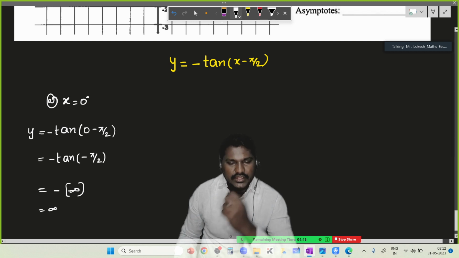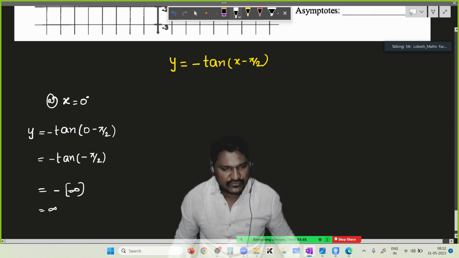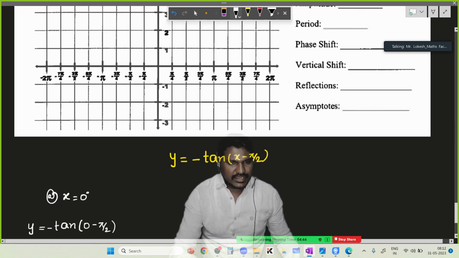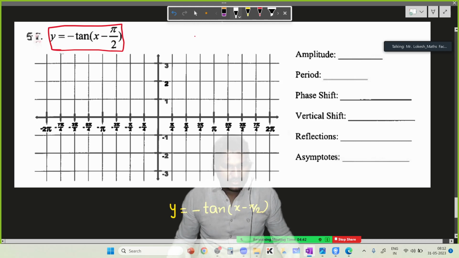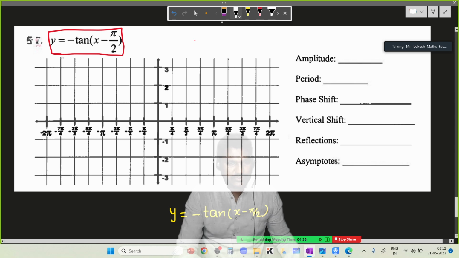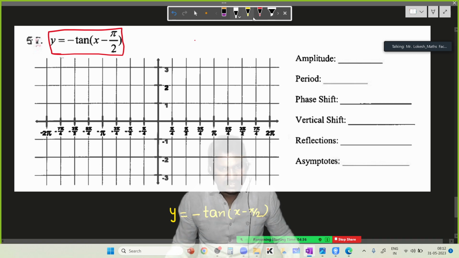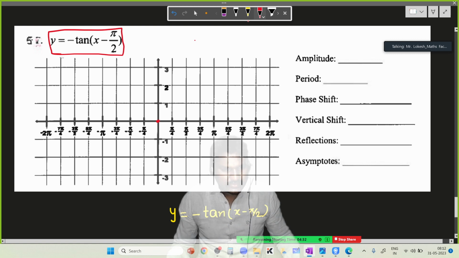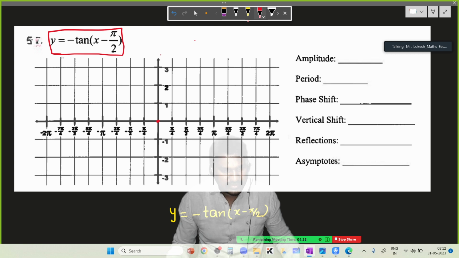We can refer to undefined as infinity also, so it will extend to infinity. So at x is equal to 0 degrees the value is undefined. That means we don't know the value here, so it will start from here.